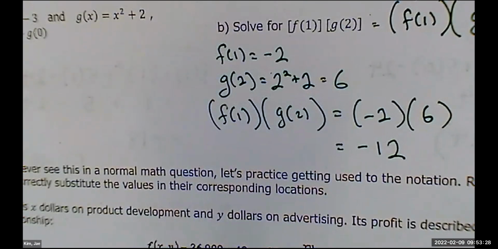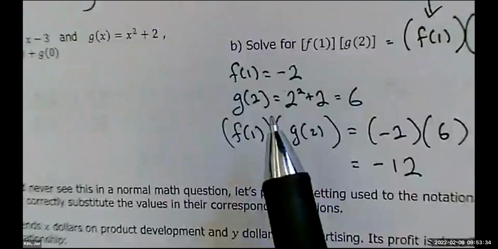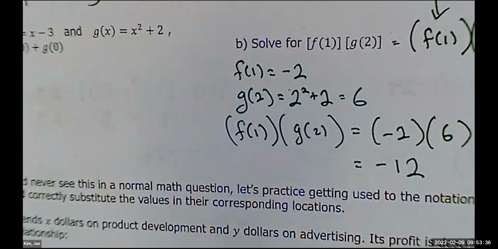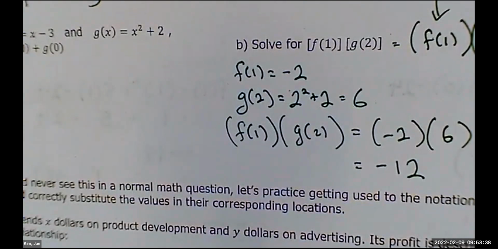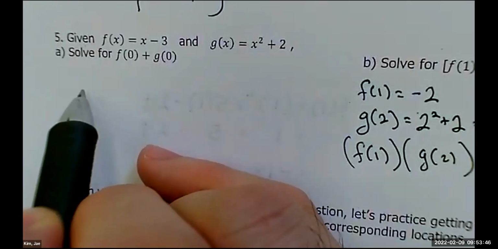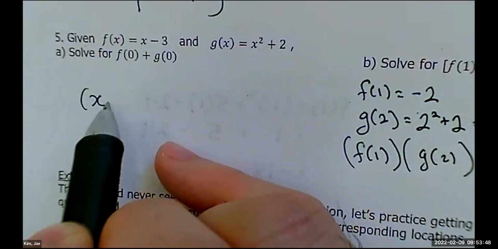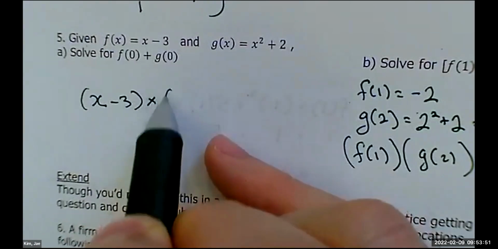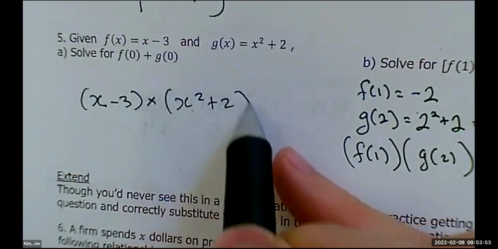Function notation has its benefits. If I wanted to write this, how would I write it using normal communication skills, without these symbols? Wouldn't it be like this? Solve this, right?